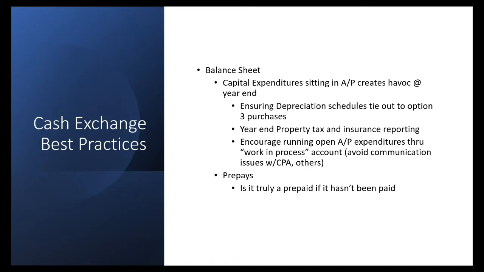I know we can't do it all, but I try to watch and manage that. The other issue I see on cash exchange is people like to put prepaid expenses in as accounts payable. Well, my question is, is it truly prepaid if it hasn't been paid yet? In my mind, it's not, but it may be an obligation.